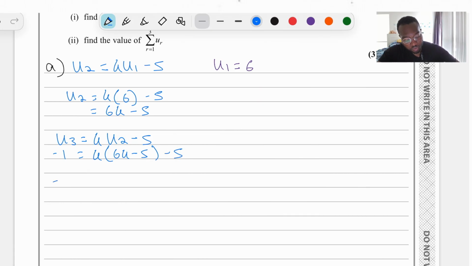So we get minus 1 is equal to 6k squared minus 5k minus 5. And then if we bring everything to the right side, just bring that minus 1 over, we'd have 6k squared minus 5k, and then we bring minus 5 plus 1, which is minus 4, and that is equal to 0. And we have shown that it equals that quadratic equation.